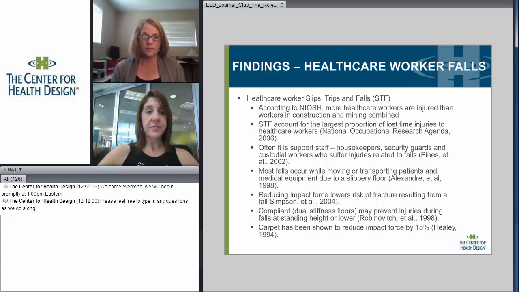So, slips, trips, and falls account for the largest proportion of lost time injuries to healthcare workers. Often, we think about nurses and lower back injuries and trying to relocate a patient in a bed or trying to move a patient off a bed into a wheelchair or on a gurney and then getting the gurney down. We think about all of that, and in fact, that has been studied and has important things to contribute.